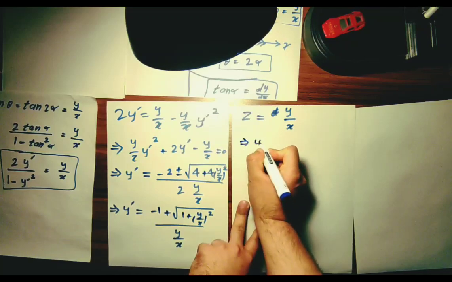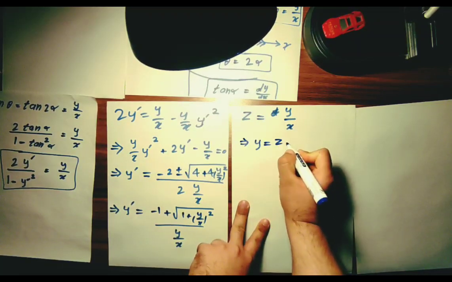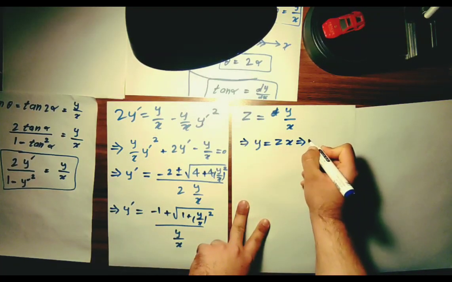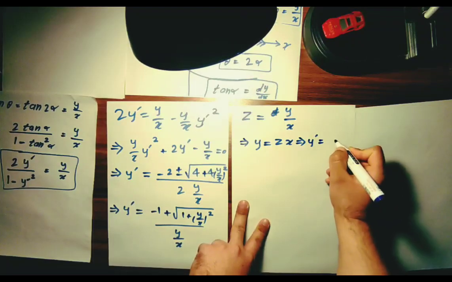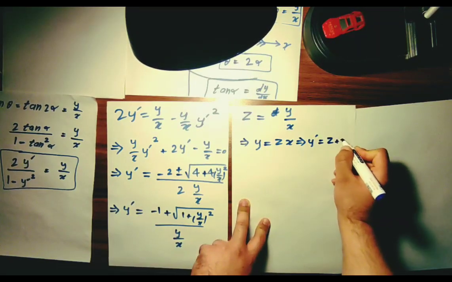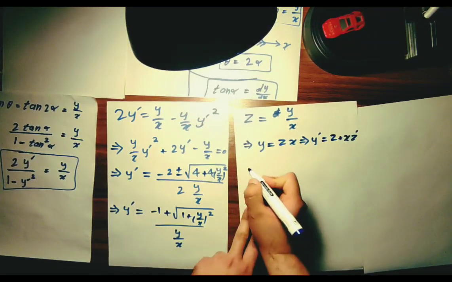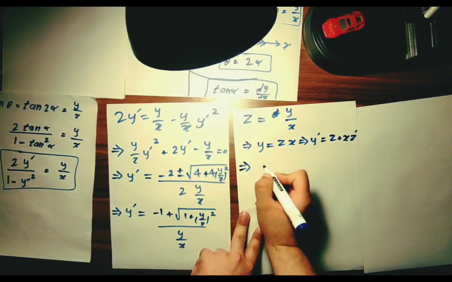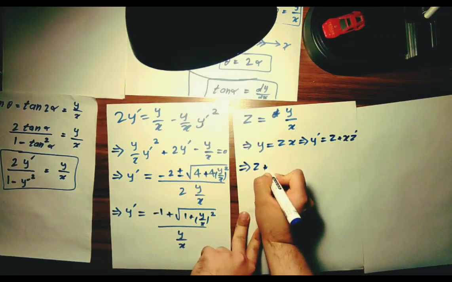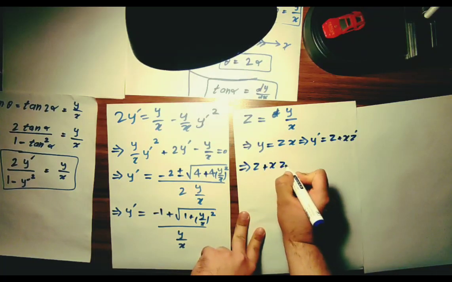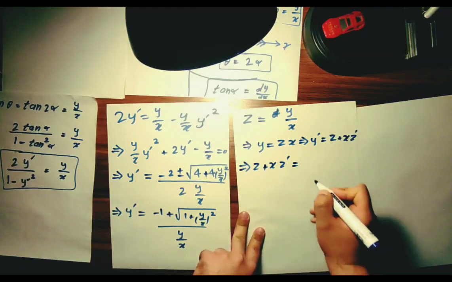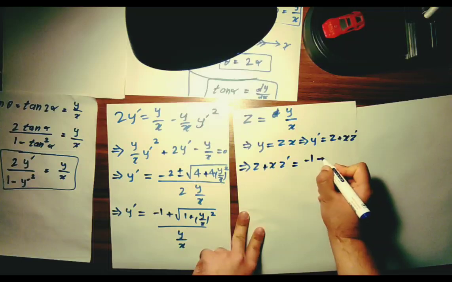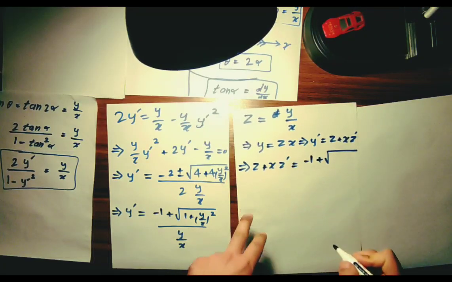Here y is zx, and so y prime is z plus x z prime. So do these two replacements here. So z plus x z prime is minus 1 plus radical.